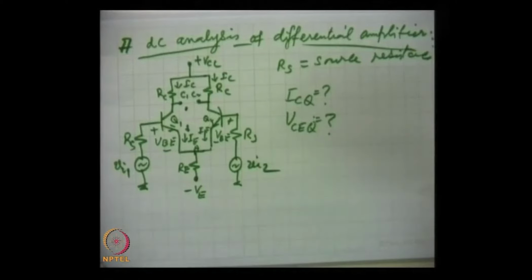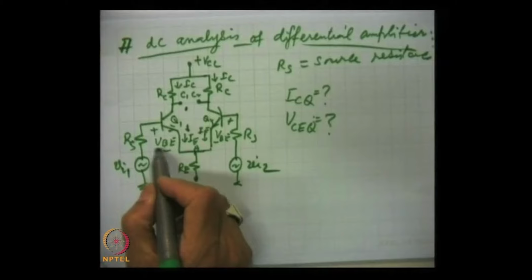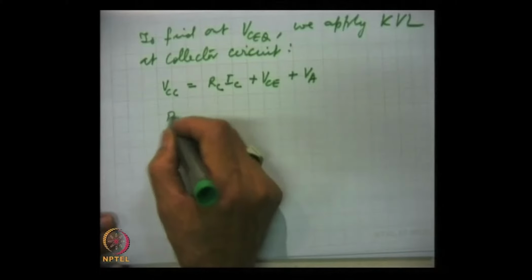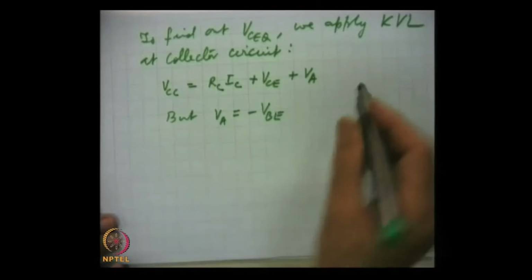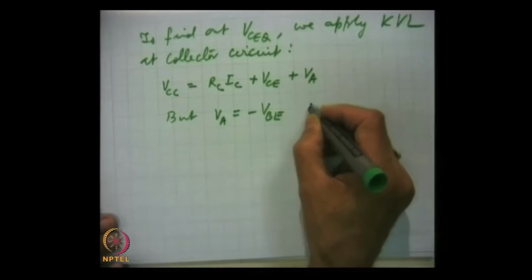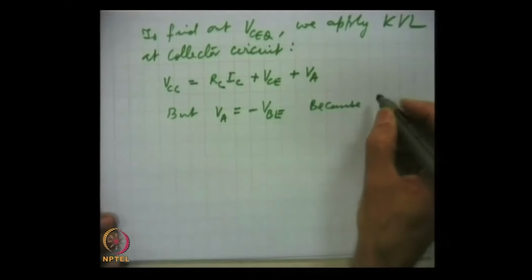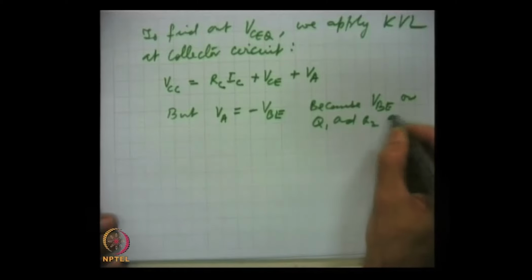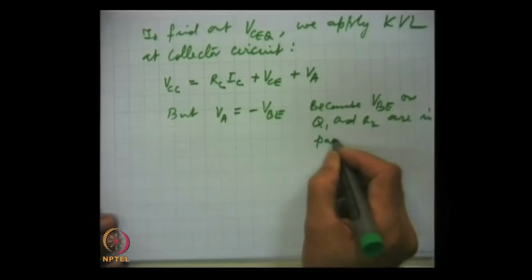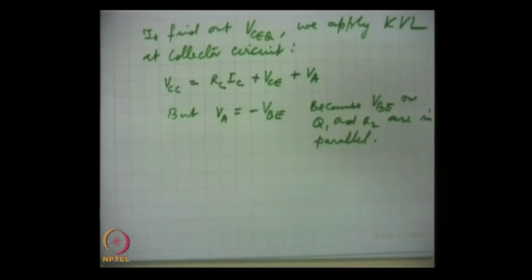So, voltage will remain just a single VBE with minus sign. So VA is equal to minus VBE, because VBE of Q1 and Q2 are in parallel. In parallel the voltages are not summed up, only in series they are summed up.